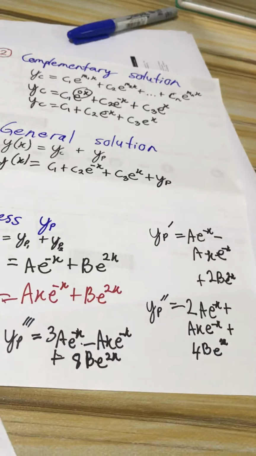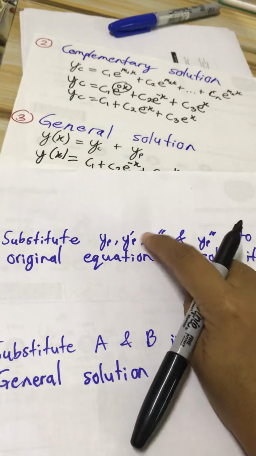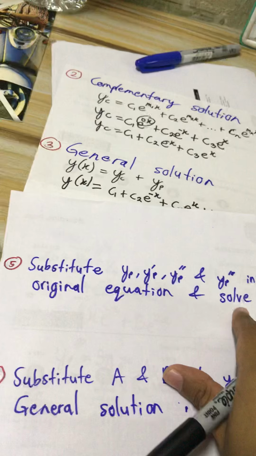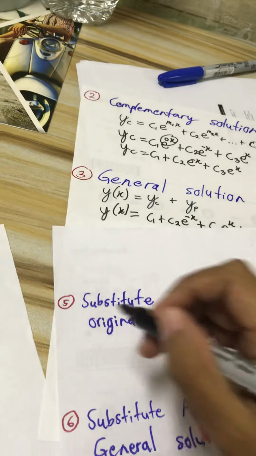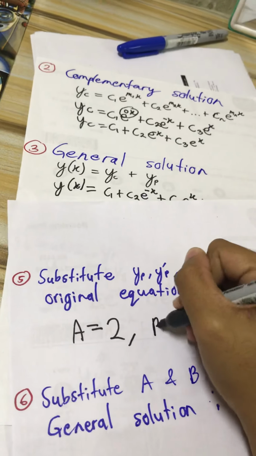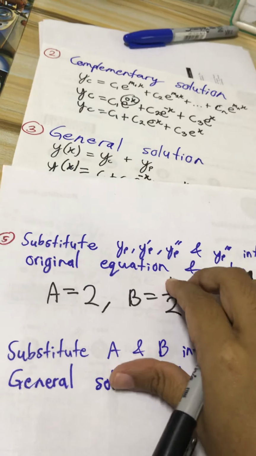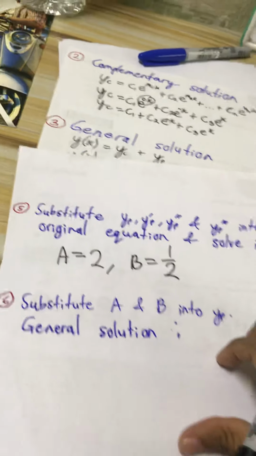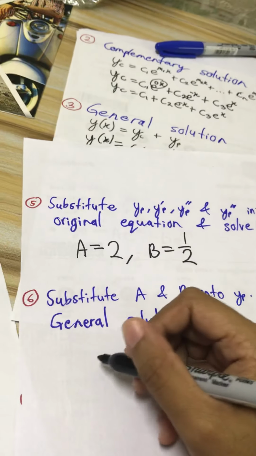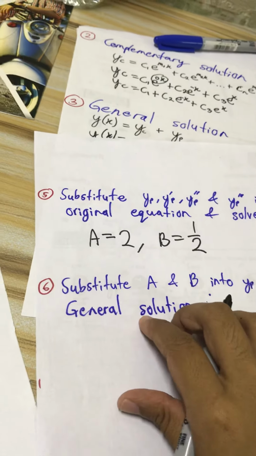After that, we substitute the yp and its derivatives into the original equation, and we solve it. When we solve it, we will get the value of a, where a will be 2 and b will be 1/2. After we get the values of a and b, we substitute them into the yp. So when we substitute the values of a and b into the yp, we get the general solution.